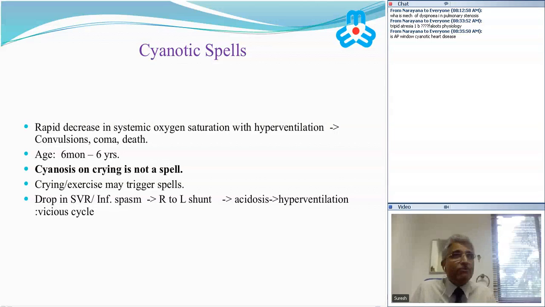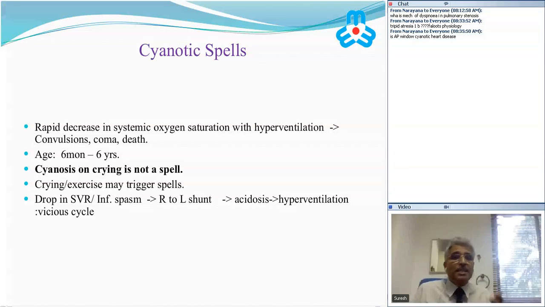That's a different factor. So remember, when you are eliciting history, getting the history of hyperventilation and bluish discoloration, going on to a limp state of the baby or convulsion, is what tells you that the baby was having a cyanotic spell.